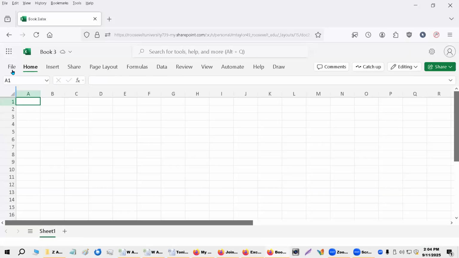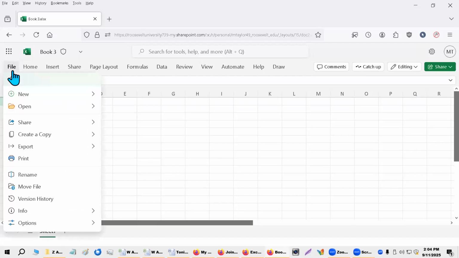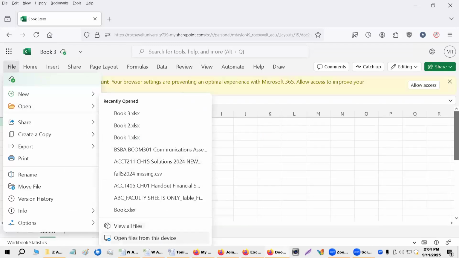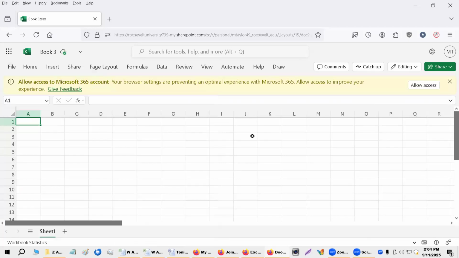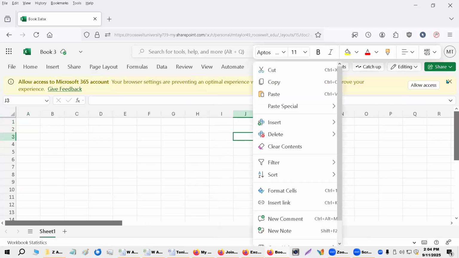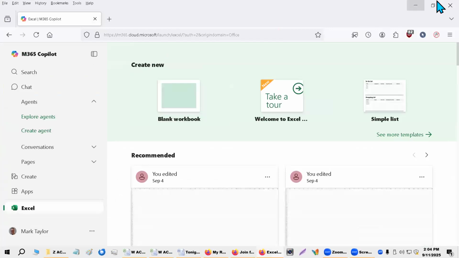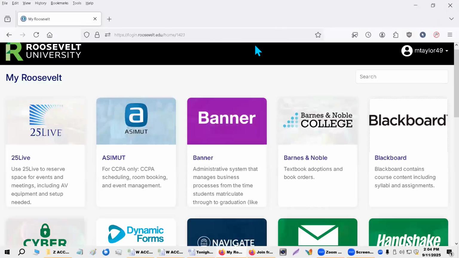You can open the file, find browse, open files from this device. That is available if you want to use it. They also have Word in it. They actually have quite a bit of stuff in it.